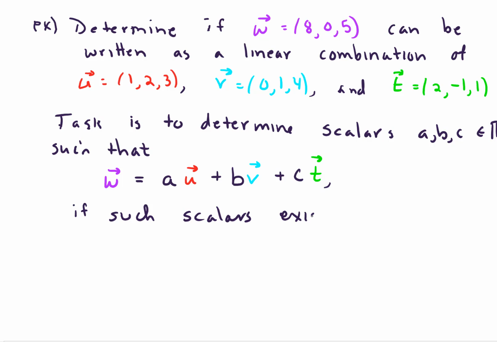If they exist, we can certainly write W as a linear combination of the other vectors, and if the scalars don't exist, then we can't do it, and we'll just say that. All right, so how would this work?